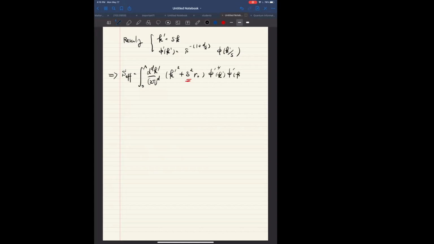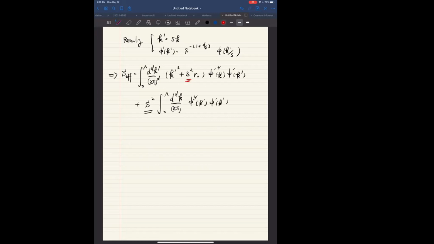So this is the renormalized field. And then this, of course, is the interacting term, which the rescaling comes from. So this S squared comes from just rescaling the slow modes. Right, so this part is clear.